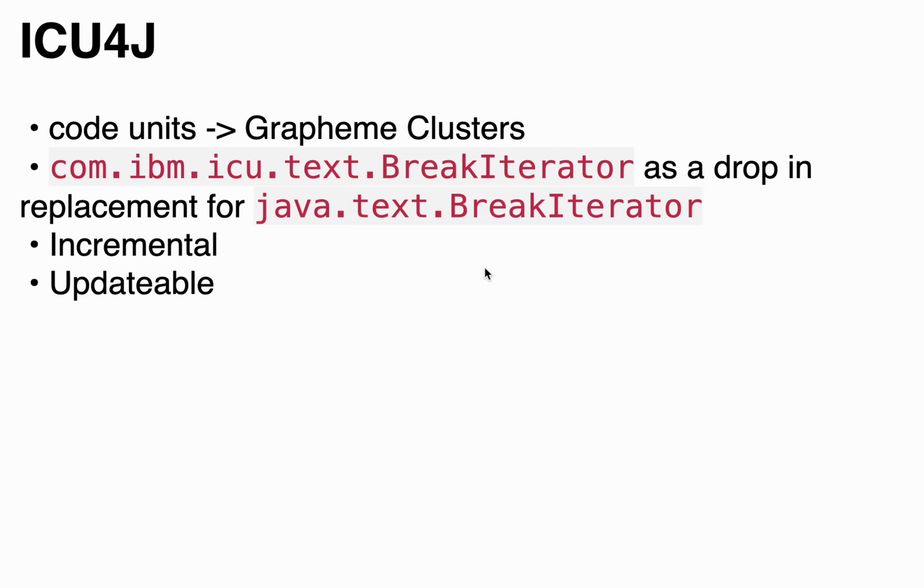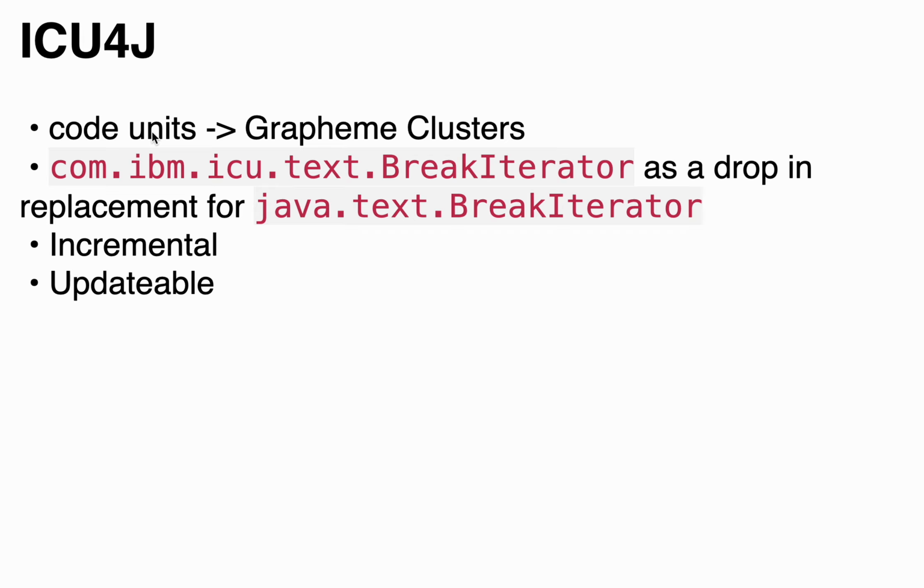The next library that we'll talk about is ICU4J. And ICU4J helps you turn code units into grapheme clusters. So as language evolves, the Unicode Consortium will put out new updates to the Unicode specification. That may include new code points, and it also includes these tables for how to turn code units and code points into grapheme clusters.